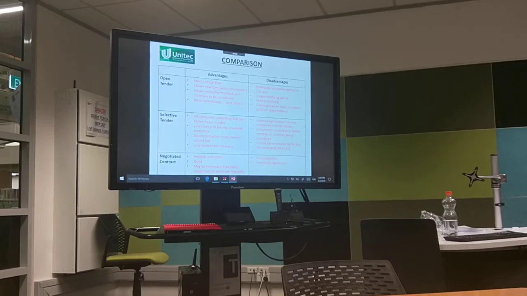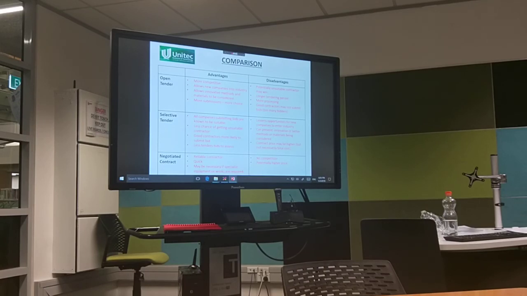So, the open tender, the advantage is it's more competitive. You get new companies. So, if someone's just opened up a new company, he could be a really good engineer and have all the good equipment, good people. But if it was just selective tender and people were just picking who they knew, then how's that guy going to get into the industry? Well, someone's got an innovative new technology, a new way of laying pipes or a new type of machine.